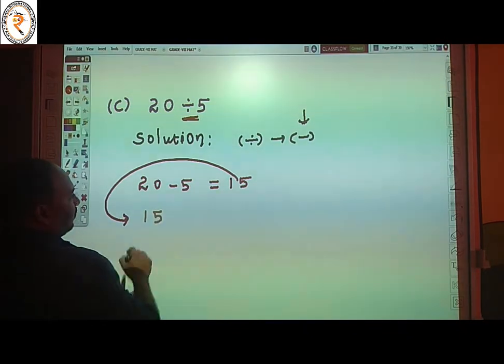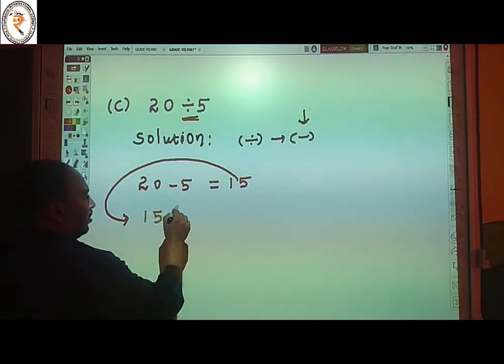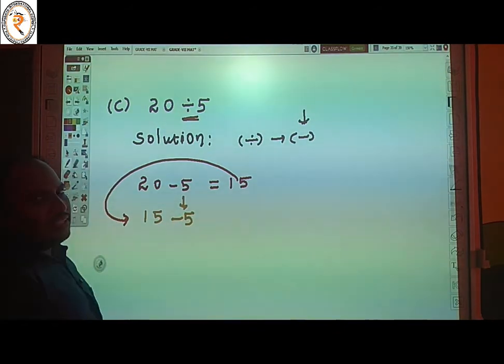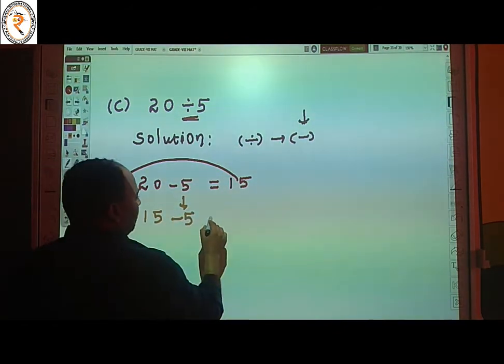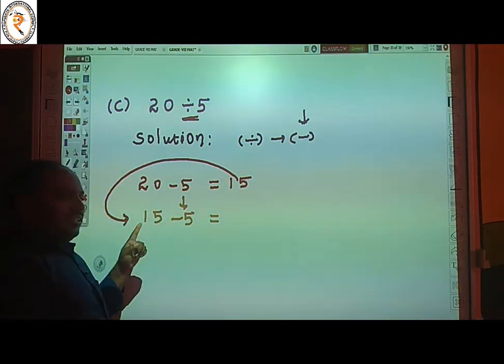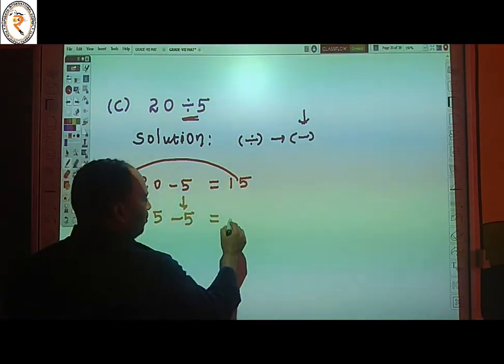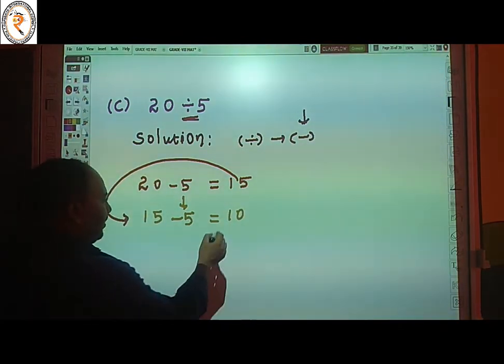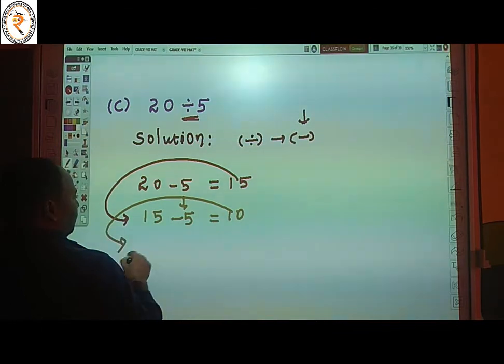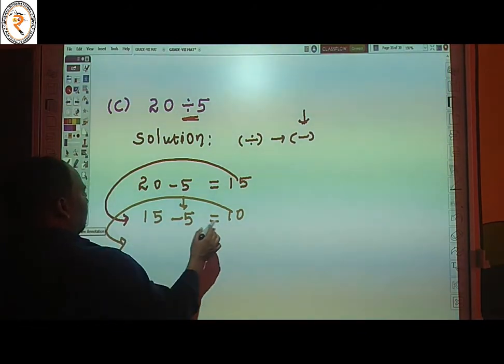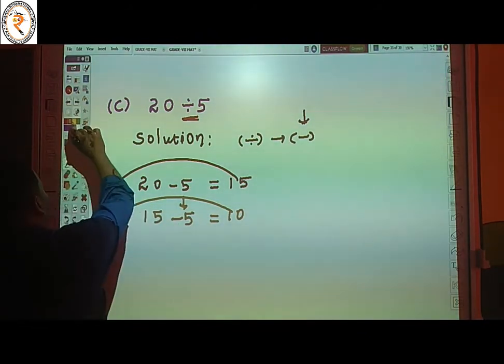Again we take minus 5. 15 minus 5 is equal to 10.